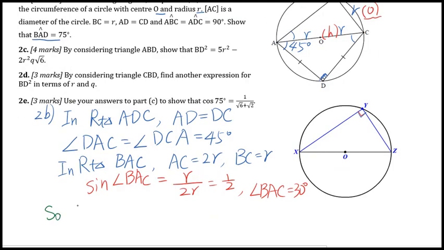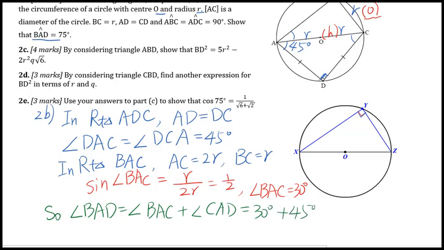Therefore, we can get angle BAD equals angle BAC plus angle CAD equals 30 degrees plus 45 degrees equals 75 degrees.